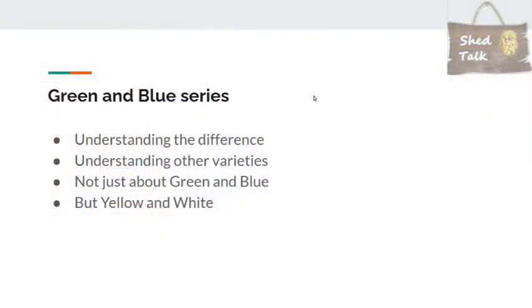So we're going to look at the gene reaction between the green budgerigar and a blue budgerigar, and if we understand the difference between the blue series and a green series budgerigar, then it will help us understand some of the other varieties and how those varieties reflect that series, so blue and green series.